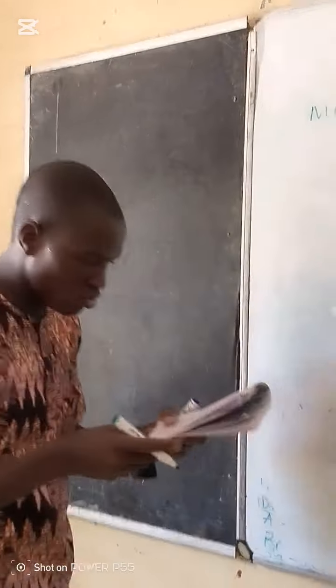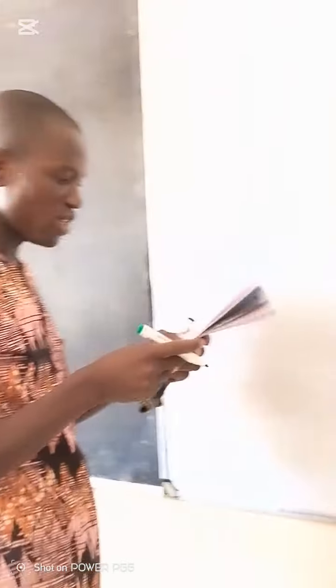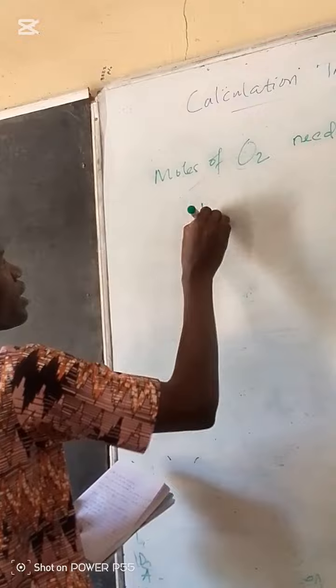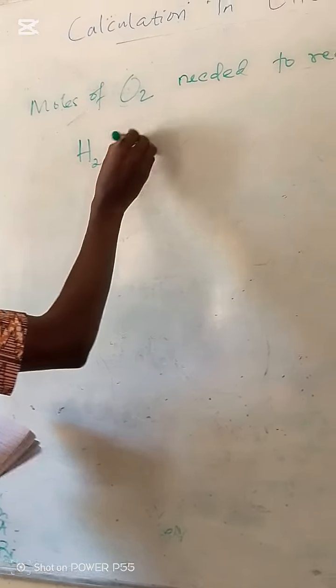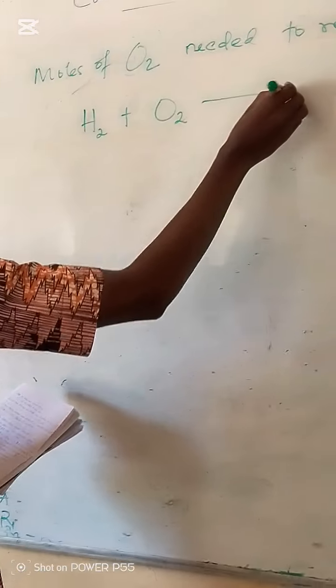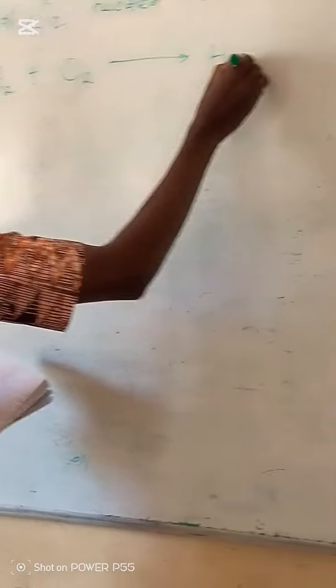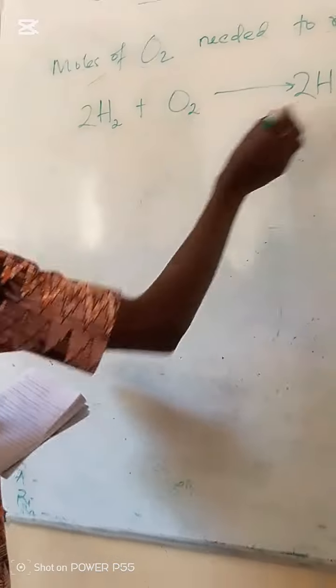Yes, 8 moles of hydrogen. So this is also very simple, just like we did the other one, because this is talking about water. Hydrogen plus oxygen to give water, H2O. So if you balance the equation, it will give you this.